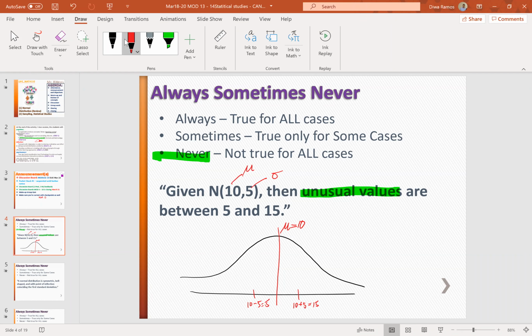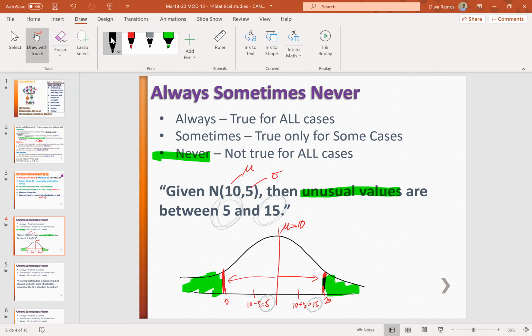Beyond two. So let's do another standard deviation marker there. We are looking past these 2 standard deviations, so we're looking at this portion here for it to be considered unusual. However, we're given 5 and 15, which is 1 standard deviation, right? So that is true. That's a never. That's an error for that case.